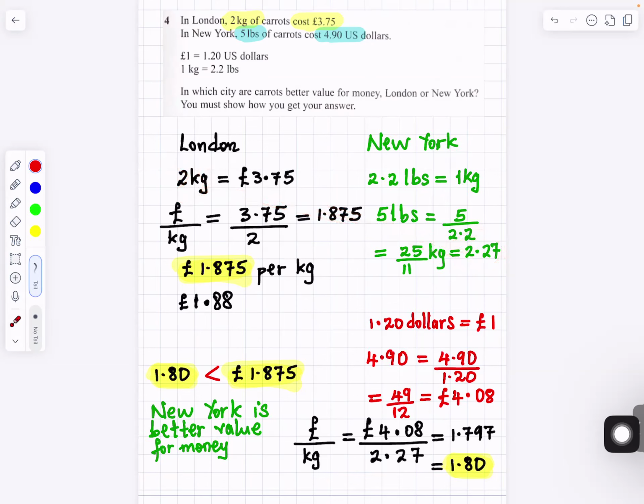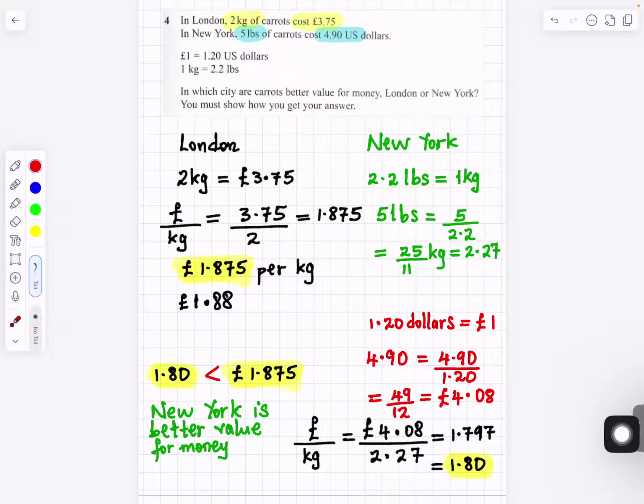So now let's change the money to pounds. $1.20 is 1 pound. So $4.90, you divide by 1.20, it gives £4.08. So we compare £4.08 with £3.75, pounds and kilograms. Everything is now in pounds and kilograms.